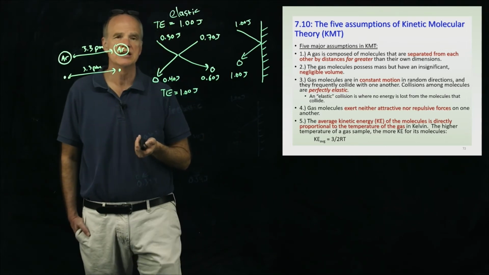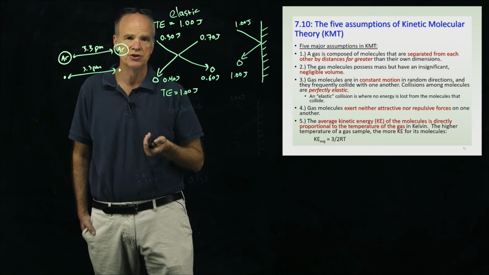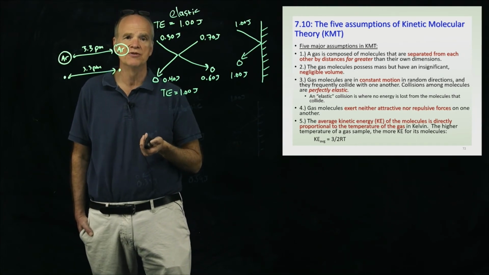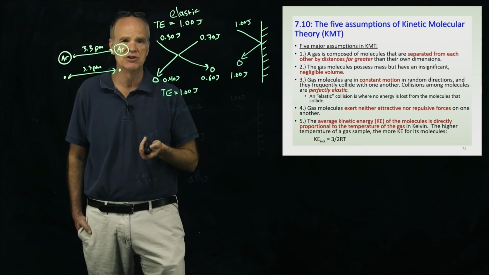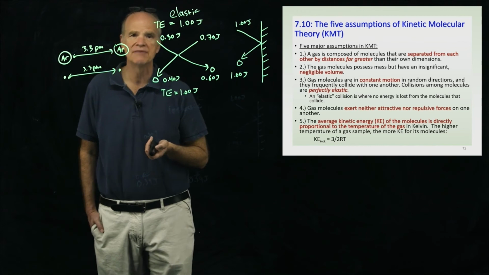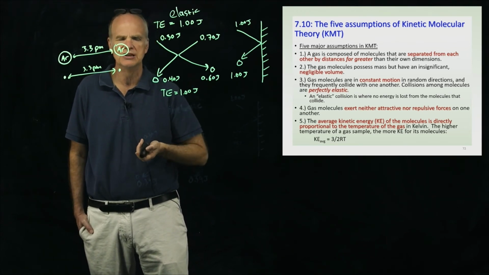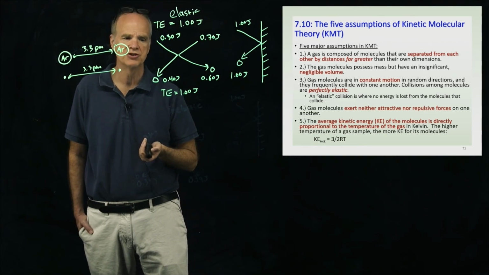There's actually a formula you can use to take the temperature of a gas sample and figure out the average kinetic energy in joules of that sample. That formula is that the average kinetic energy of the molecules is equal to 3/2 times R, the gas constant, times temperature. I don't think you really need to know that formula for now, but just remember that the kinetic energy of a gas is proportional to the temperature of a gas.